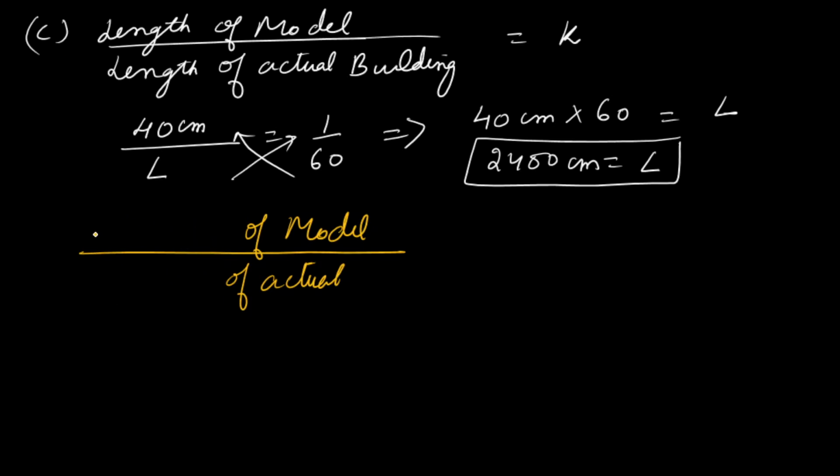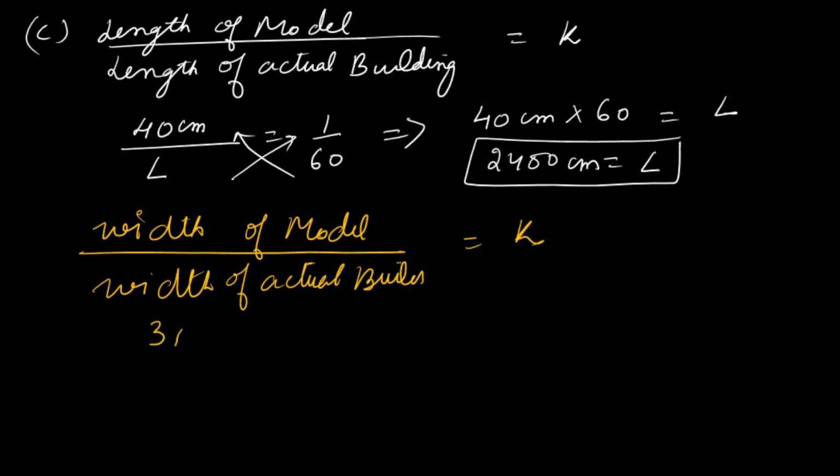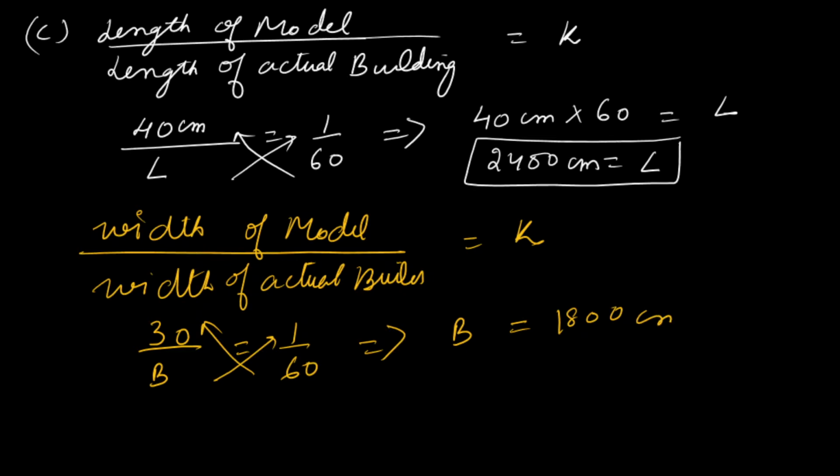It is the same thing. Both are one dimensional, so that's why I'm using this, it is equal to K. This is 30, and with capital B I am writing 1 by 60. Now cross multiplication. So breadth is equal to 1800, we'll find.